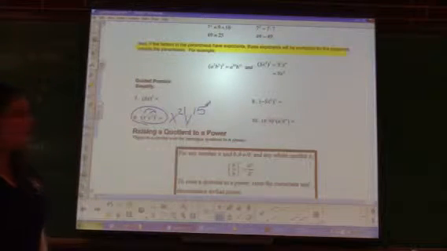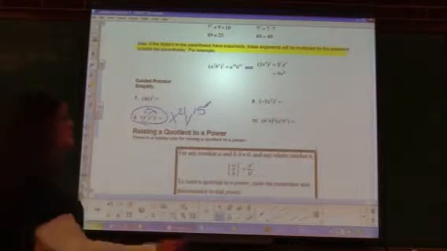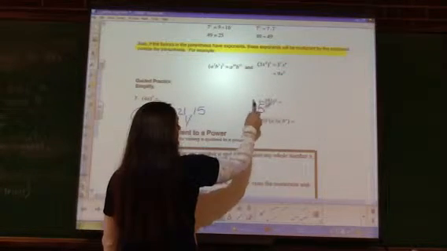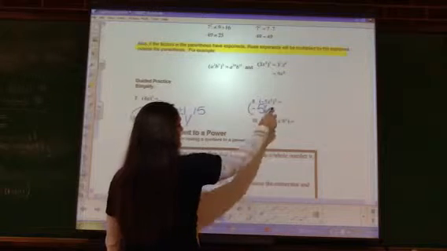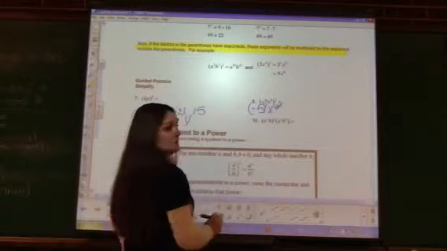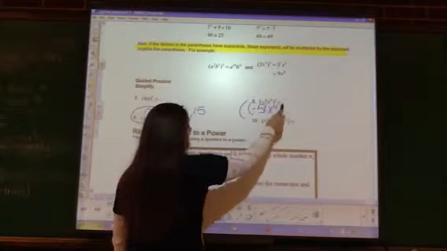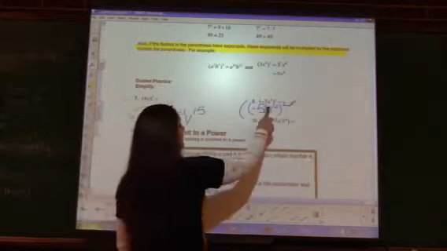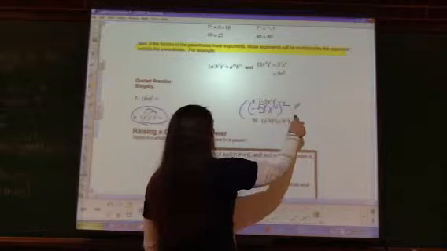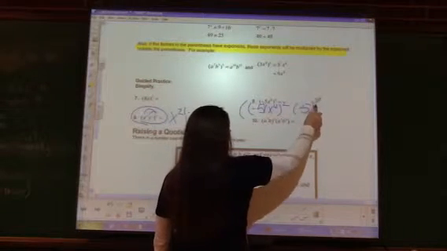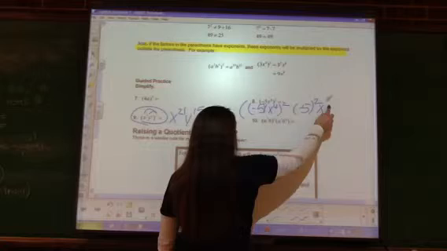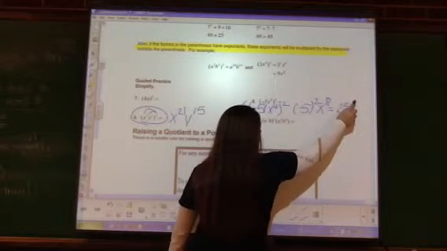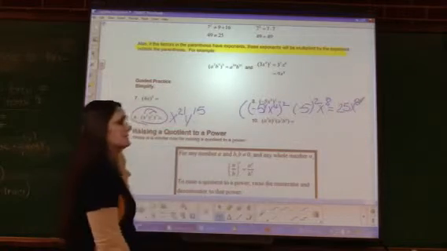Distributive property applies to both. Understand this is negative 5 to the 1st power, x to the 4th, and all of that is raised to the 2nd power. So then we have 1 times 2, negative 5 squared, 4 times 2 is 8, and 5 times 5 is 25. Because we have a negative times itself, it can give us a positive.